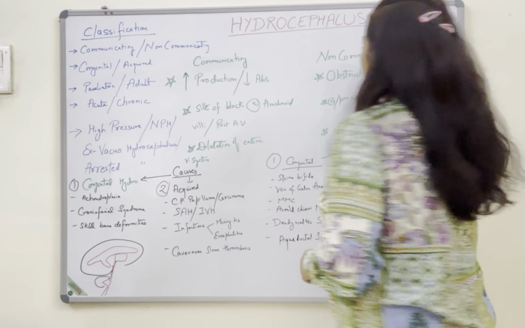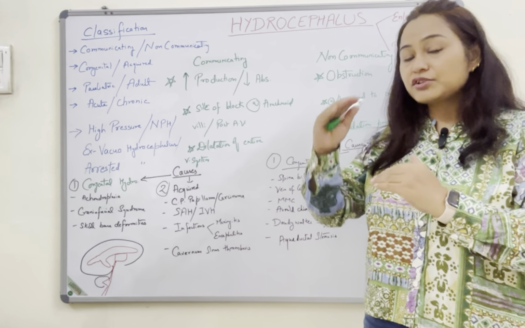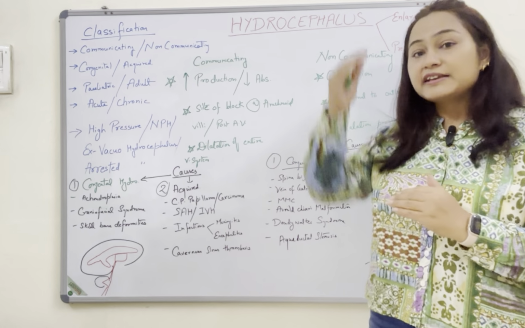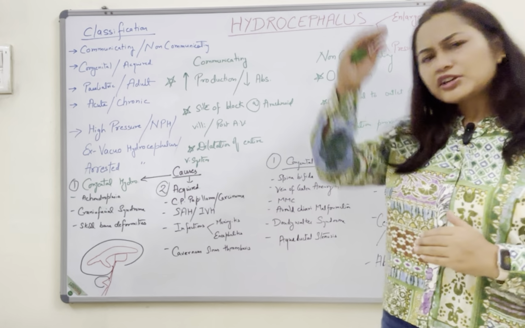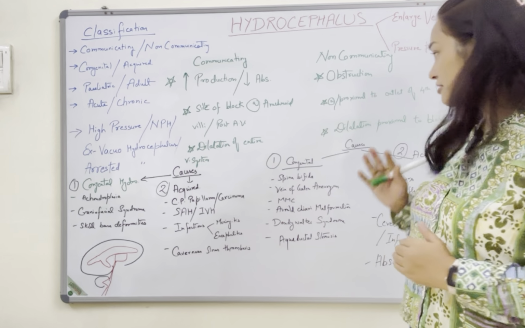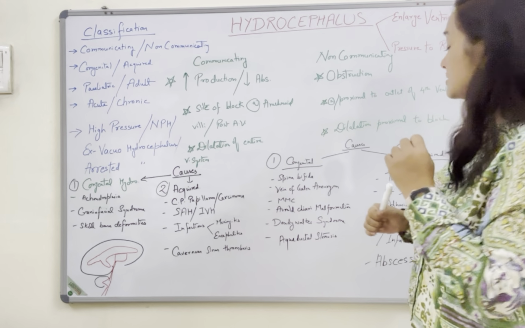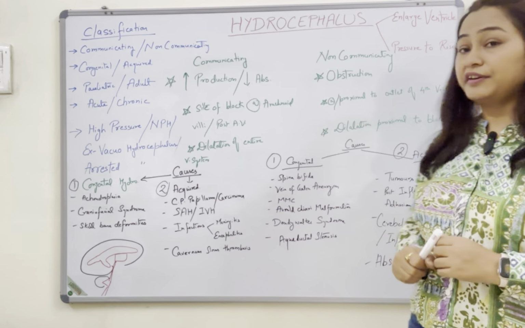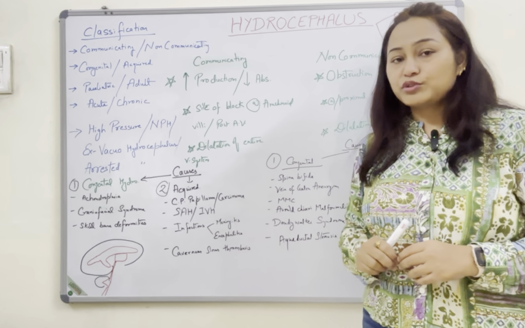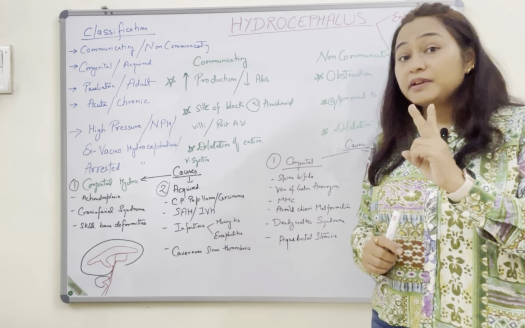What is non-communicating? Non-communicating, as the name suggests, there is no communication. That means the CSF pathway is obstructed. So there is obstruction at any point of the CSF path, right? The site of obstruction is at and proximal to the outlet of the fourth ventricle. There are two outlets in the fourth ventricle. I have already mentioned it, foramen of Magendie and foramen of Luschka.